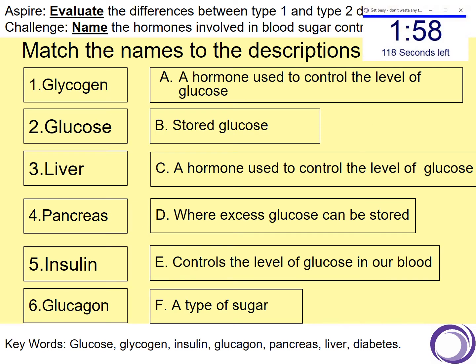So this is just a matching exercise just to check that we've got those ideas. We have all of the different keywords on the left-hand side, and we've got our descriptions that go with them on the right-hand side. Again, you've got 2 minutes just to complete that matching exercise.